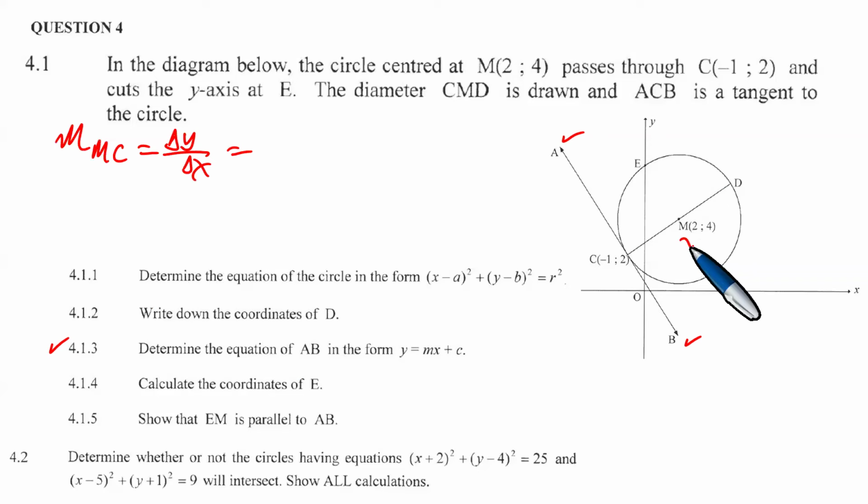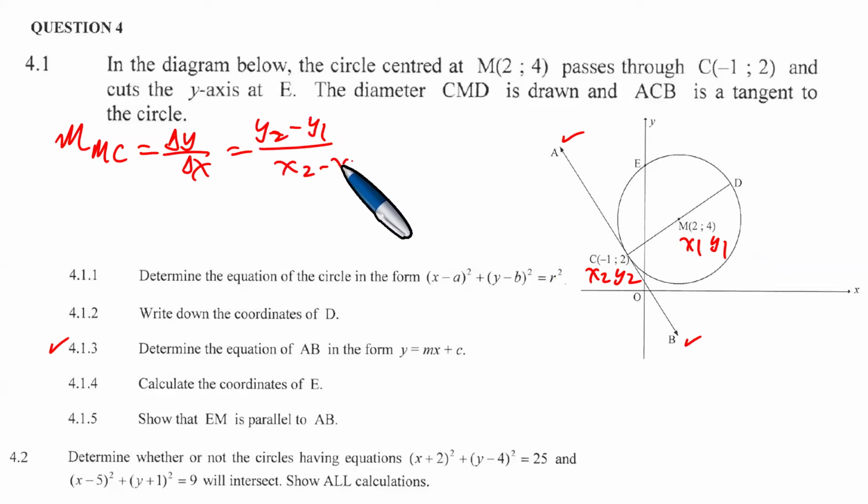MC means you're moving from M to C, x1, y1 and x2, y2. MC describes the direction of movement in terms of vectors. We are moving from M to C, so that at M we have the initial point, and C is our terminal point. Then this is our y2 minus y1 over x2 minus x1.